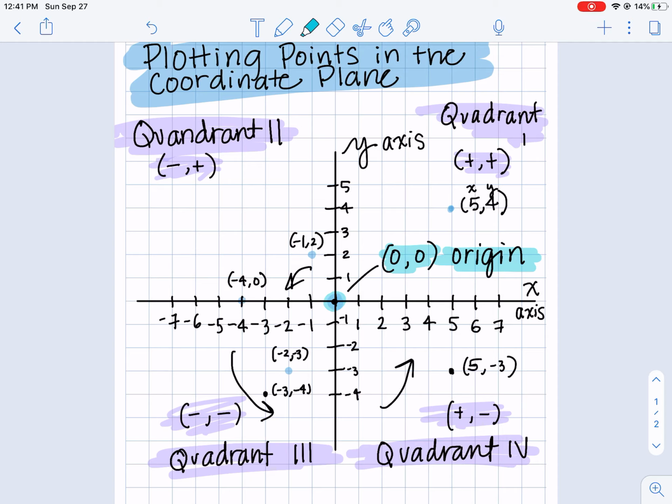Now, if you're wondering where we might use this, anytime we're trying to understand visually a mathematical relationship between two quantities, a graph is a really great way to see it, how fast it's either increasing or decreasing. Also, if you're into animation and you want to be an animator, all the programs that they use use the coordinate plane so you can imagine an object in space.